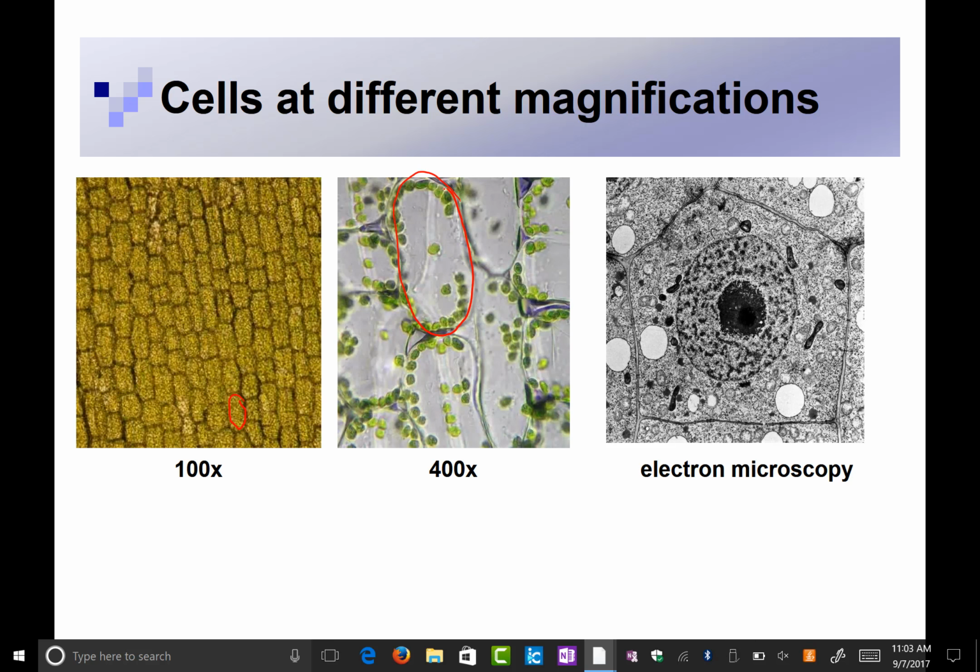And then, this wasn't the best example, but here is a plant cell under the electron microscope where you see lots of details. So for instance, you can't see the nucleus, right? It's not stained. It's just see-through like everything else. Here, because of the way the electrons take the image, you can see the nucleus and the nucleolus.